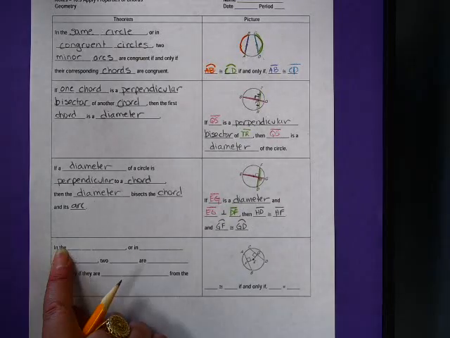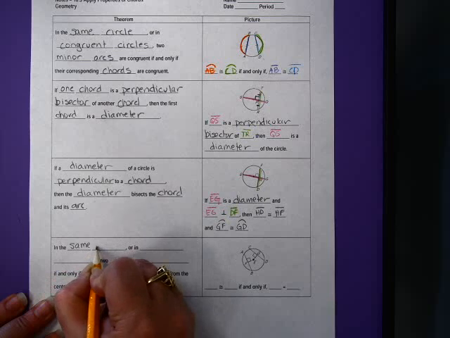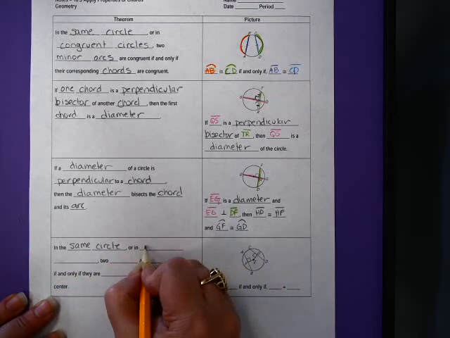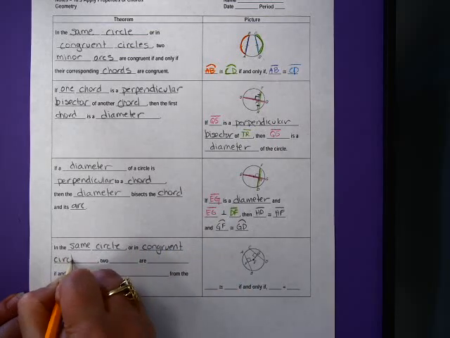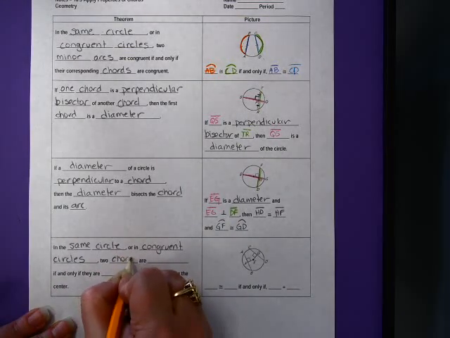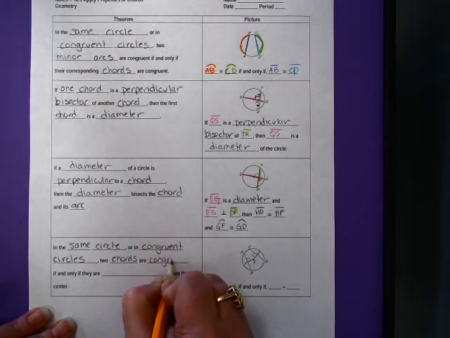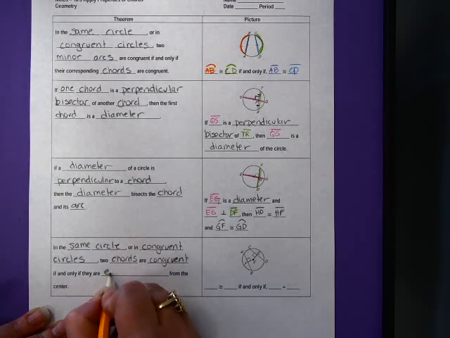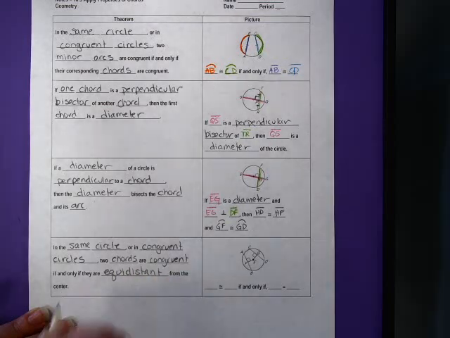Alright, next, again we have in the same circle, or it could be in congruent circles, two chords are congruent if and only if they are equidistant from the center.